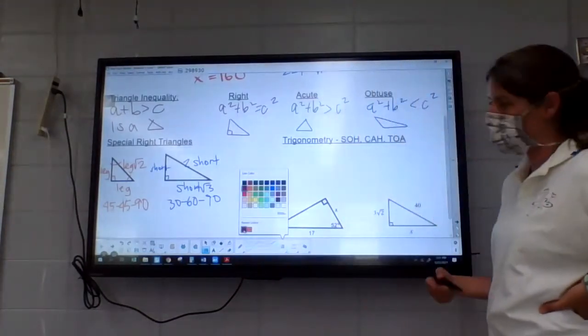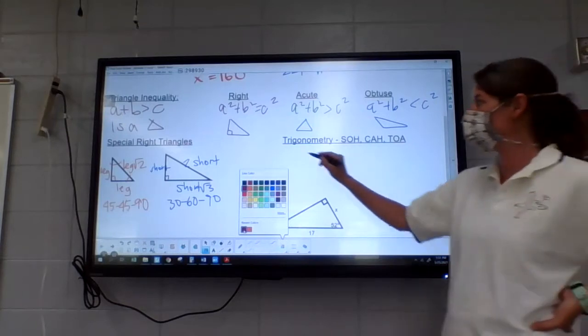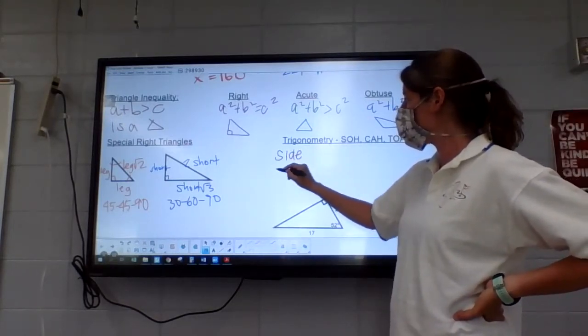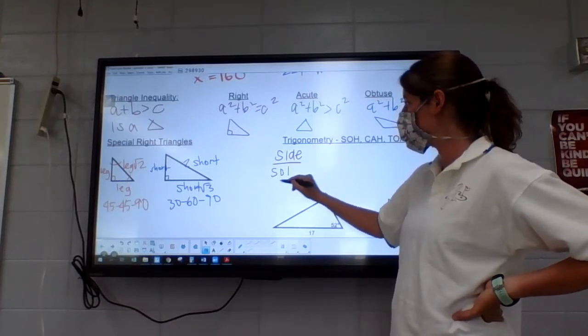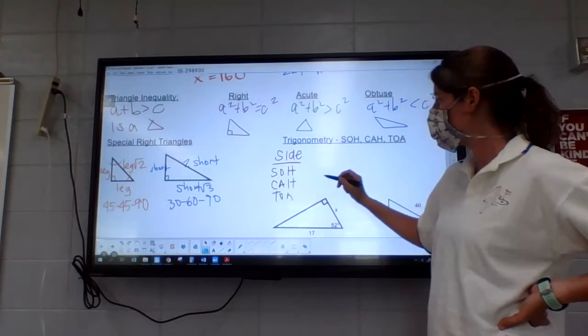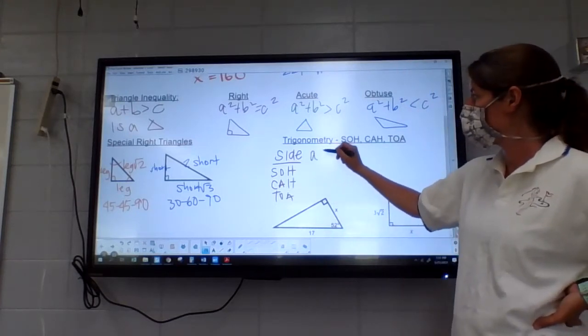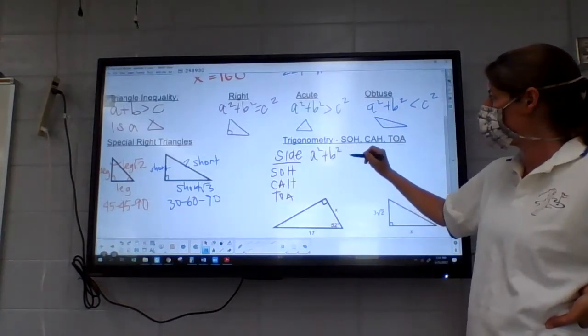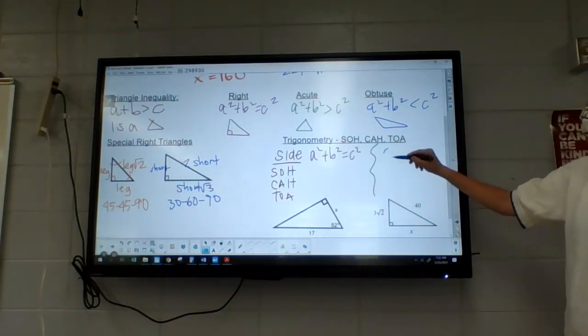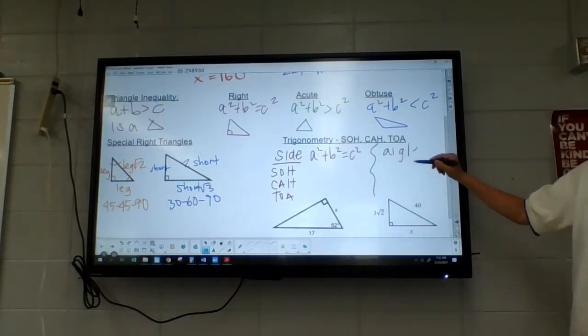All right, trigonometry. That's where we were looking for a missing side. We're going to use SOHCAHTOA or Pythagorean theorem. Or if you're looking for an angle, that's when you use the inverse sine, cosine, or tangent.